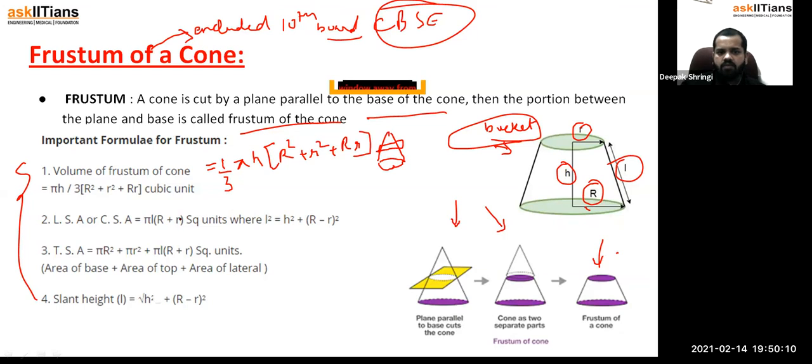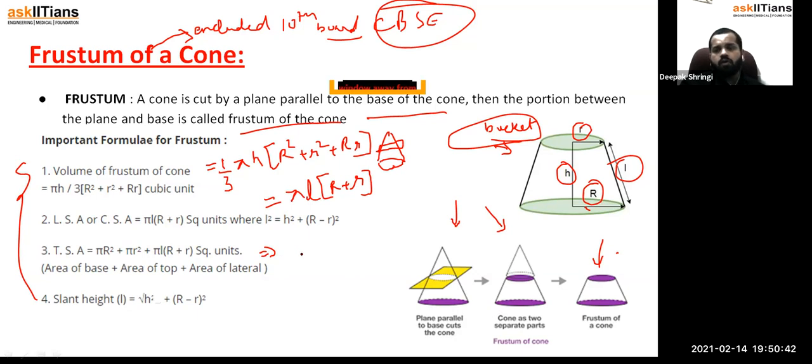Okay. LSA or CSA, right? You know the CSA of cone is pi R L, but here now there are two radii, capital R and small r. Just write capital R plus small r into pi L. So total surface area: in case of total surface area, just add the top and bottom area. In case of a whole cone, we just write pi R L plus pi R square.